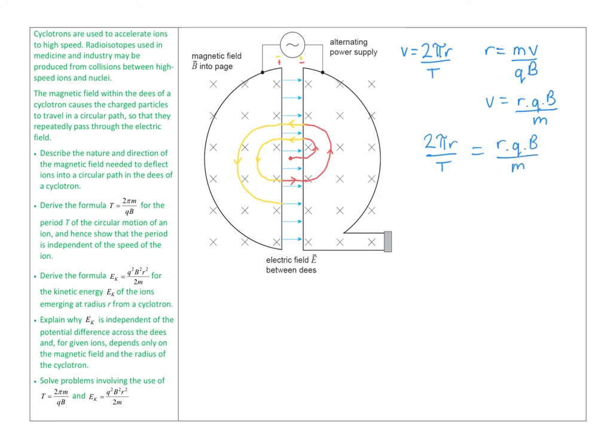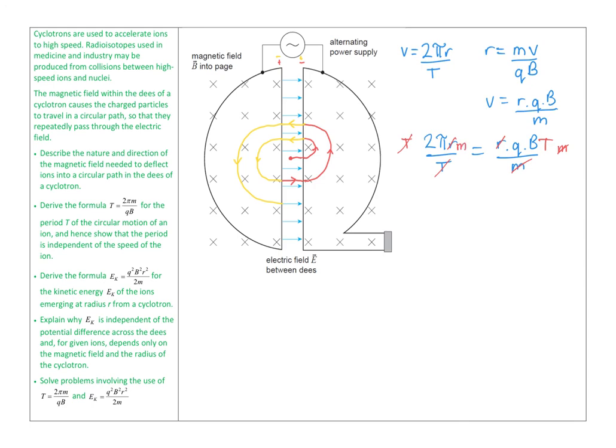We can do a little bit of simplifying here. We've got an r there and an r there. And we want to get this in terms of period, so let's times both sides by period. Period over period cancels, that's equal to 1. Let's get rid of the m on the bottom here. Let's times both sides by m. Sorry, I'm taking you back to algebra school. See, I'm not as mean as you thought I was.